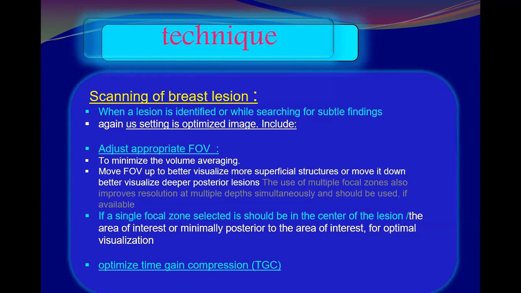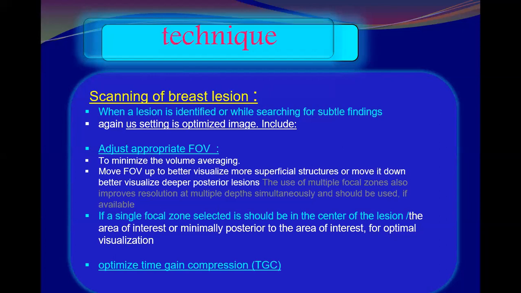But when we identify a lesion, an area of interest, a potential lesion or subtle findings, then again we need to reset the ultrasound machine to optimize the image, including again the field of view or the depth. It depends. If the area of interest is superficial, we need to move the field of view up to visualize that area and make it very sharp and clear.